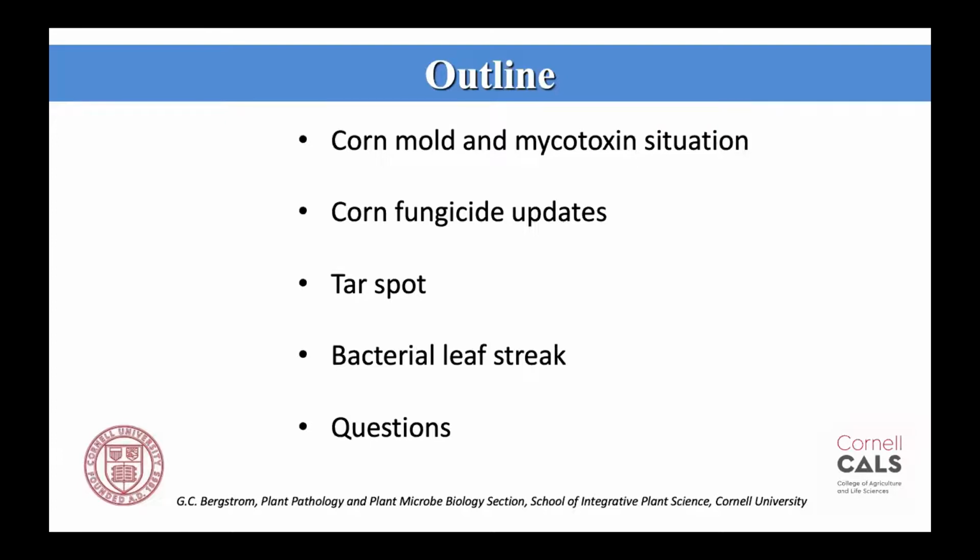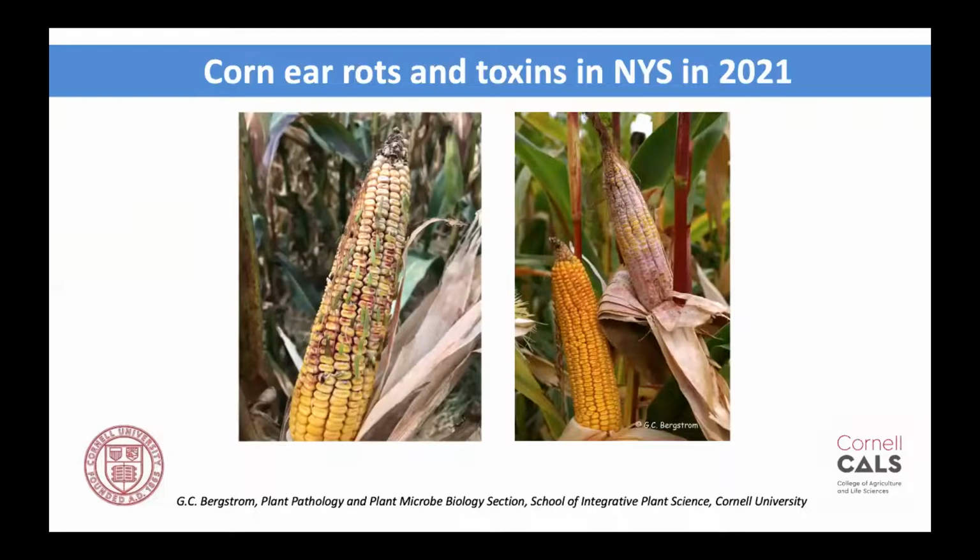Some updates on availability of New York registered corn fungicides. And then time permitting, I'd like to say something about another new disease we found in central regions of New York this year, bacterial leaf streak. So let's get on with it.